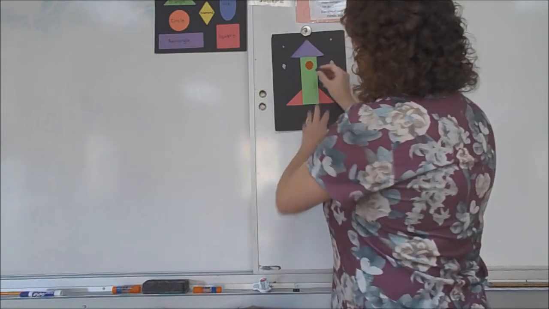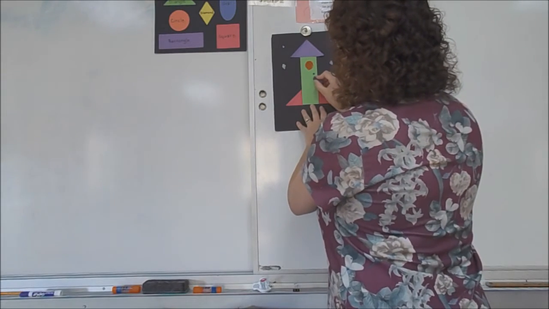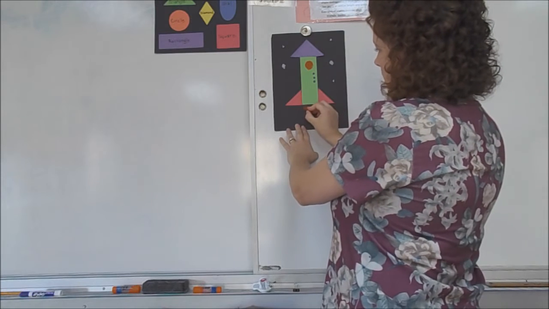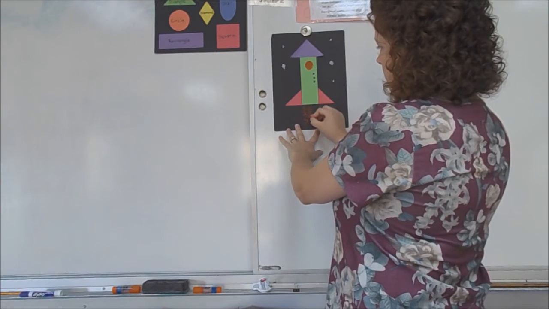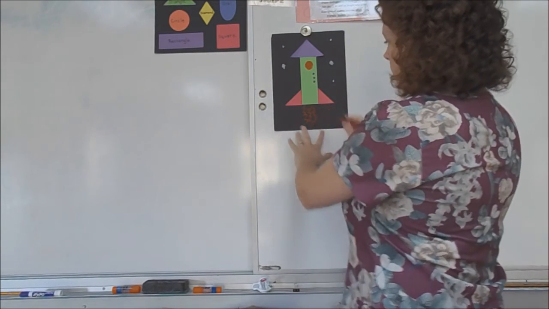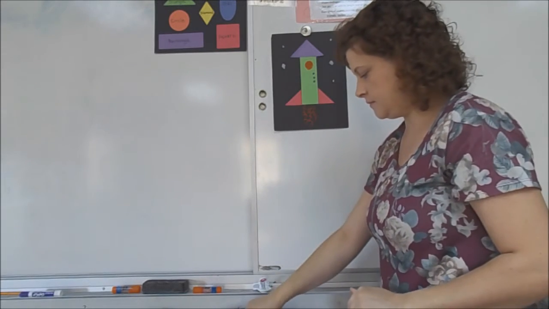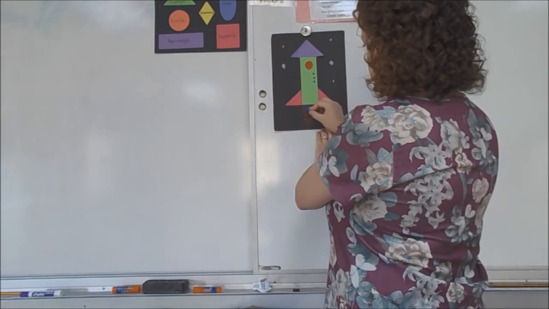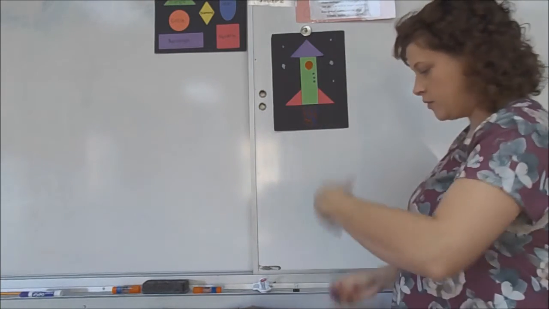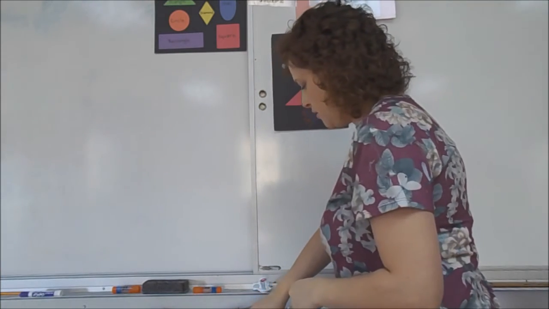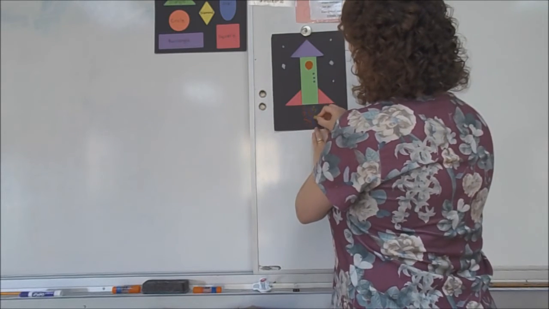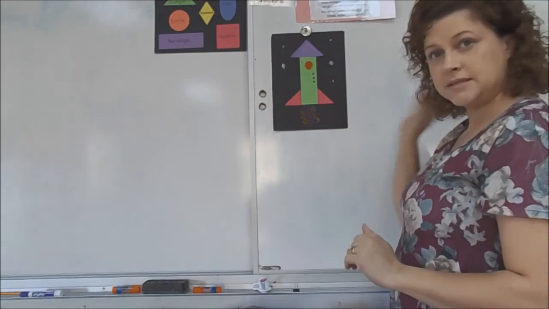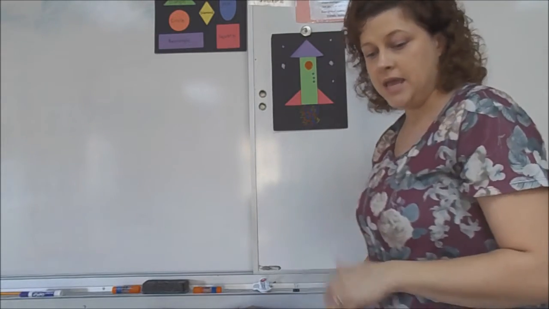You could put buttons on the outside of your rocket. You can add the flames below the rocket here. As it shoots up into space, it needs that extra power to push it all the way up into space. You could draw comets, anything that you want in your background.